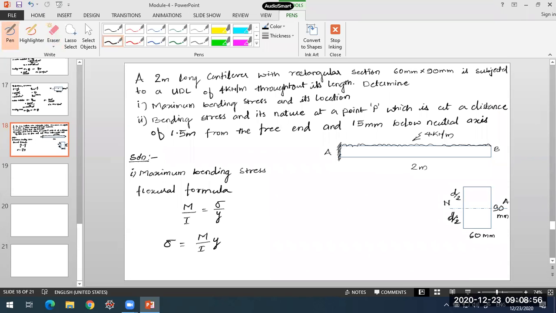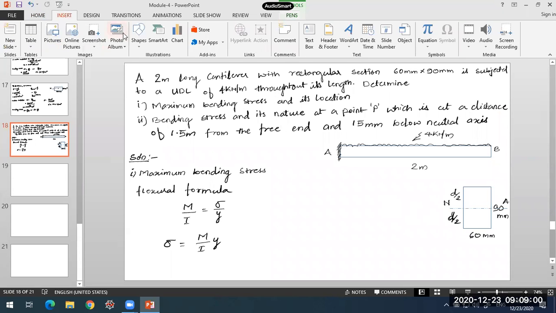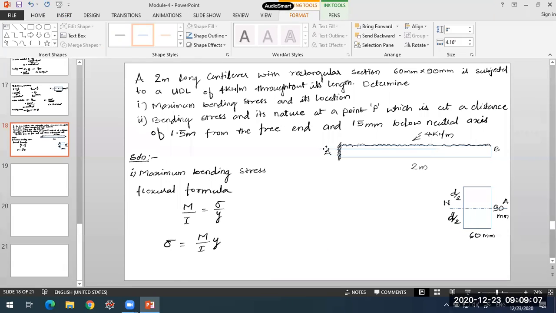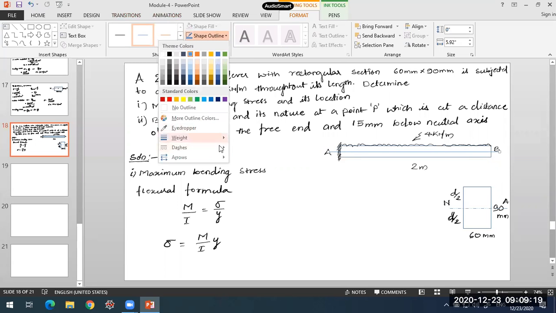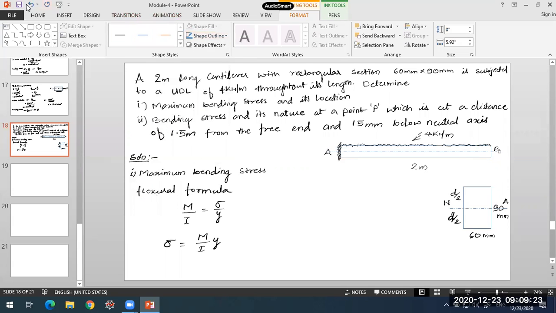Depth by 2, half at the mid depth. That is the location of neutral axis, and the same you'll find along this length also. So this is our position of the neutral axis at the mid depth.